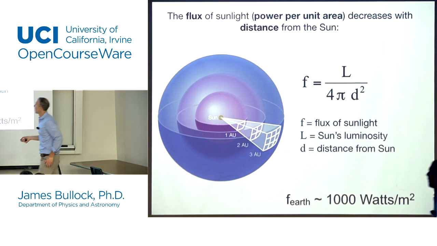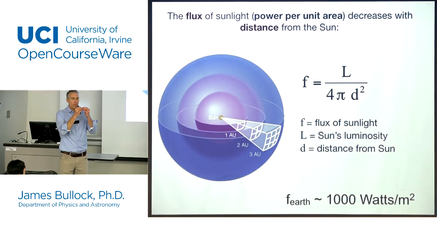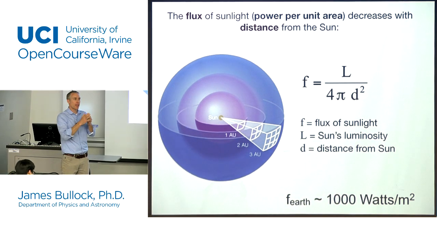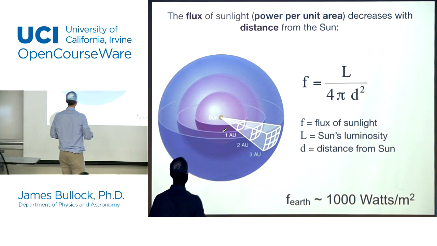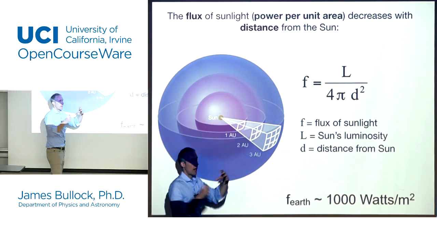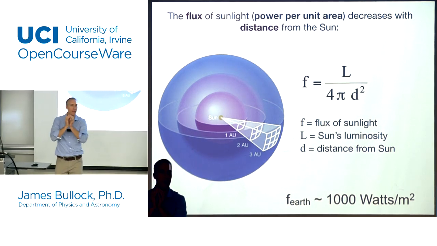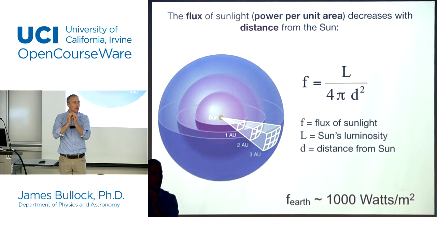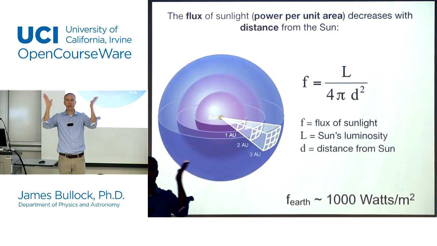Now, as this light comes from the sun, it spreads out. Okay? So if you have the sun here, imagine it's got a bunch of energy. You can think of it as sort of like a sphere of photons that are being shot out every second or so from the sun. As this sphere of photons shoots out in all directions, its intensity is spreading out.